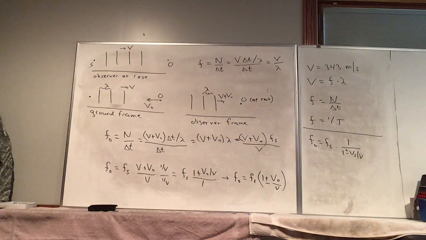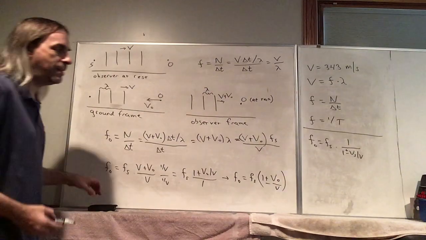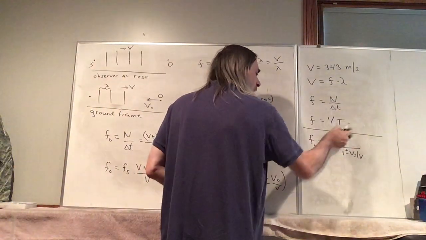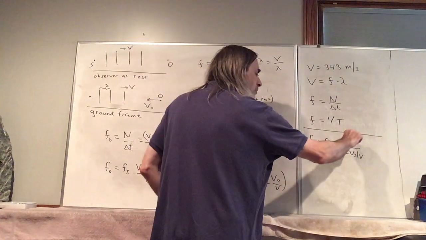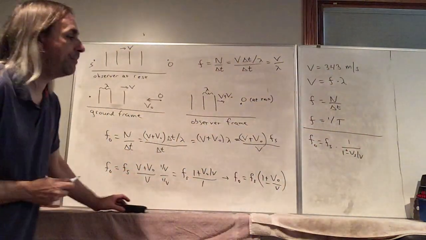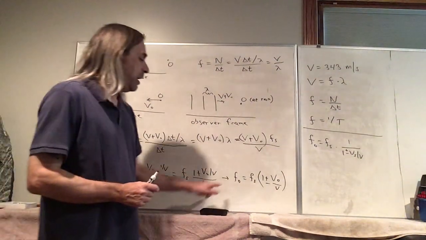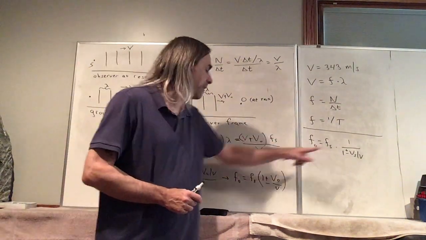Now that raises a question: what if both the source and the observer are moving relative to the air? Well, then you'd have both of these going up. So basically we'd have this factor, which had a 1 there, but we can ignore that, to take into account the motion of the source. And again, we have the same frequency of the source.